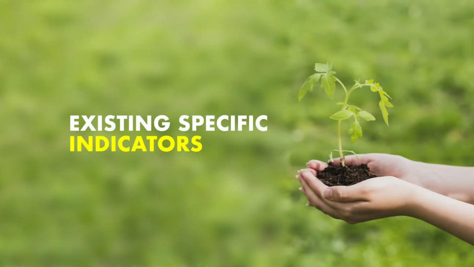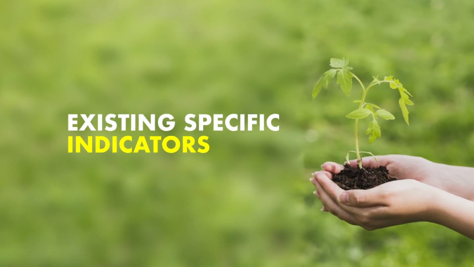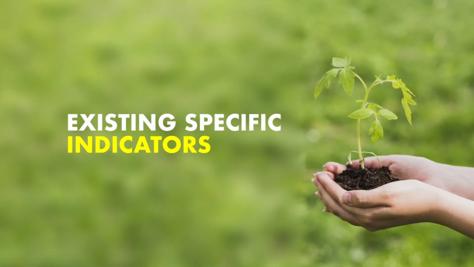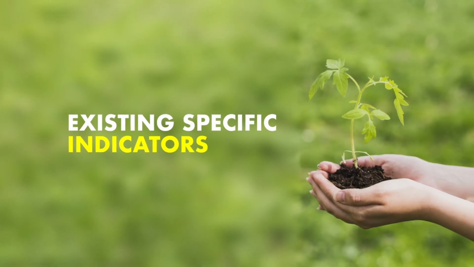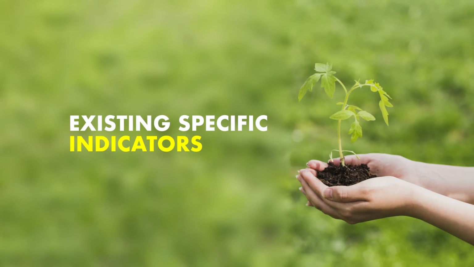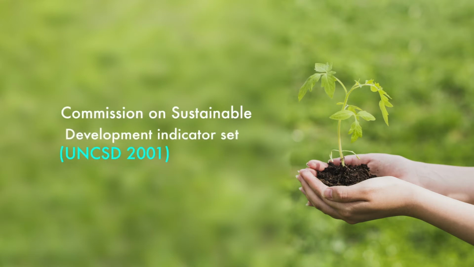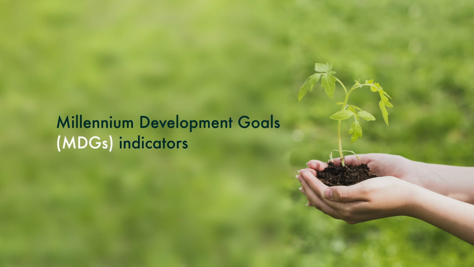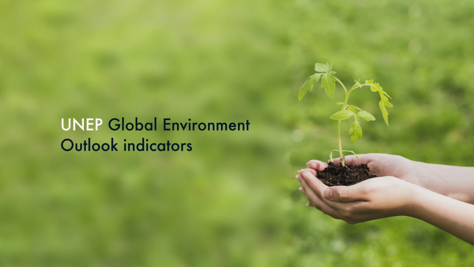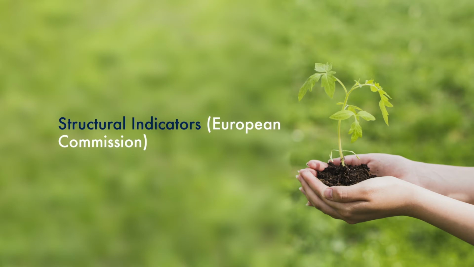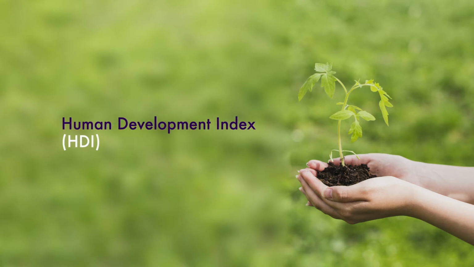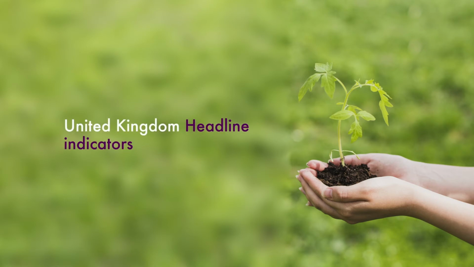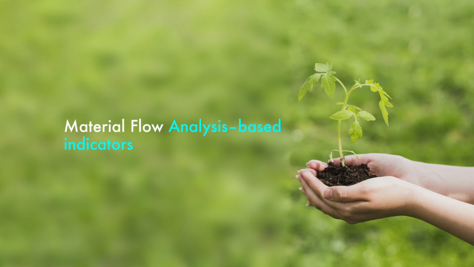In this way, the indicators of sustainable development were developed at different levels. A few of the existing specific indicators are the Commission on Sustainable Development Indicators set, UNCSD 2001, Millennium Development Goals Indicator, SDGs Indicator, UNEP Global Environment Outlook Indicator, Structural Indicators of European Commission, Human Development Index, which is very common, United Kingdom Headline Indicators, and Material Flow Analysis Based Indicator.